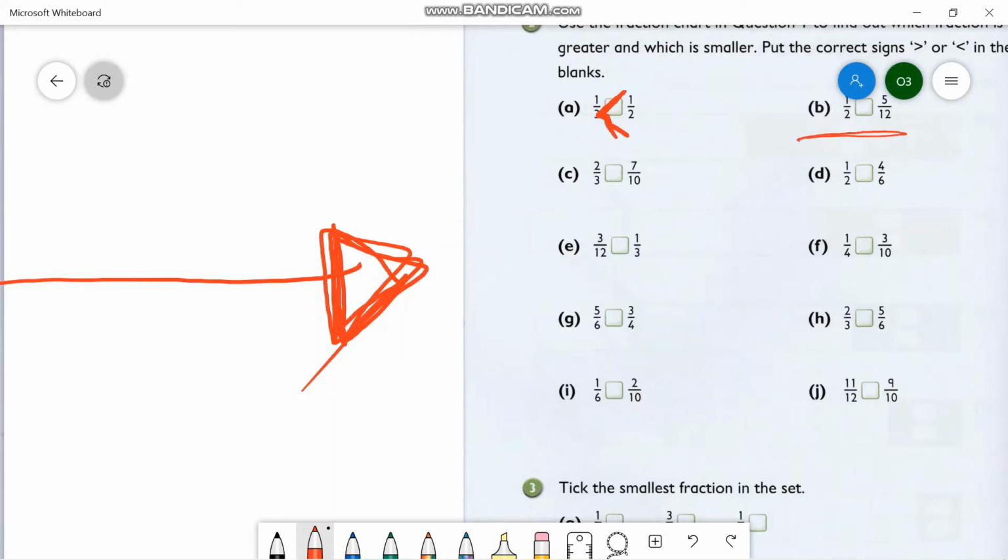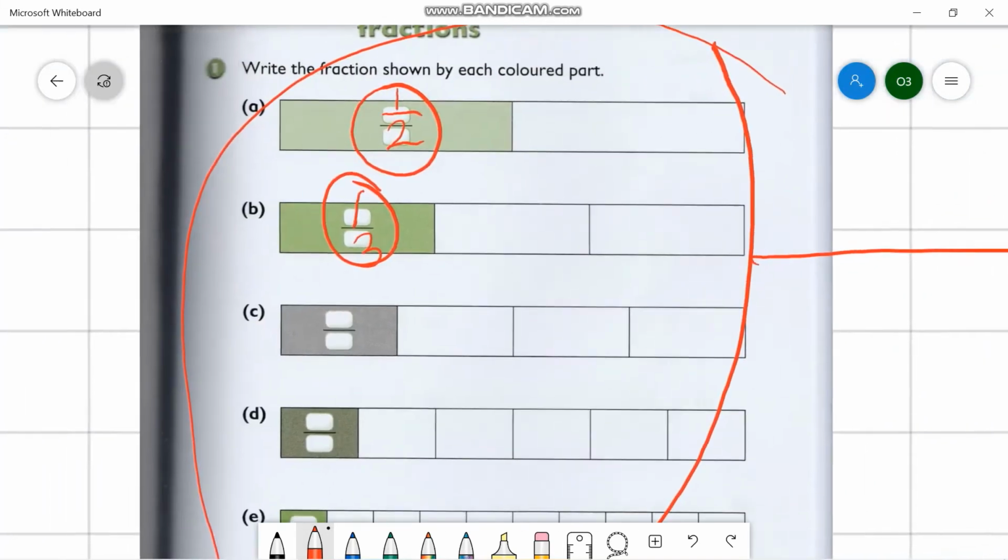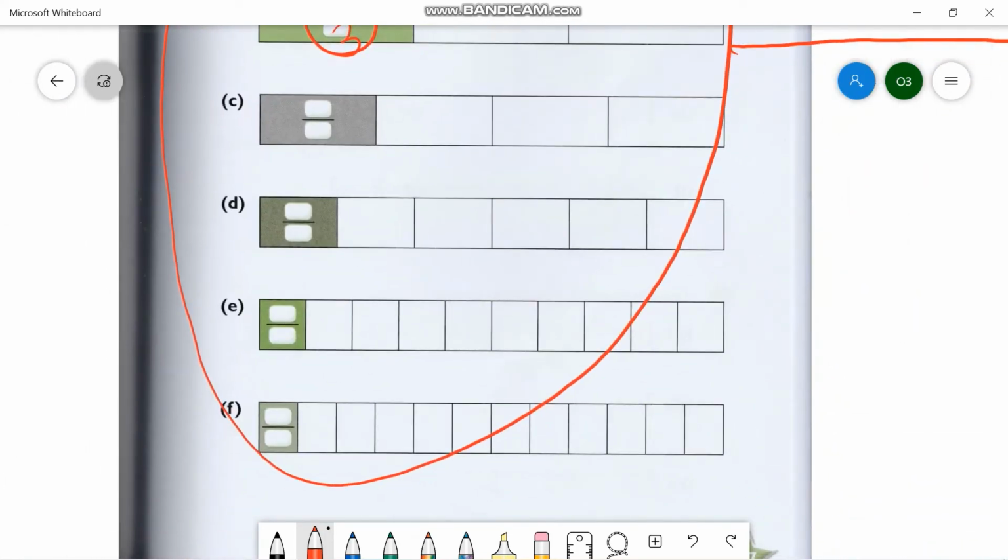Okay. Letter B, 1/2 and 5/12. So we already have 1/2 here. Where is 5/12? Okay. So this is 1/12, 1/12, 1/12, 1/12, 1/12. Okay. So this is 5/12.